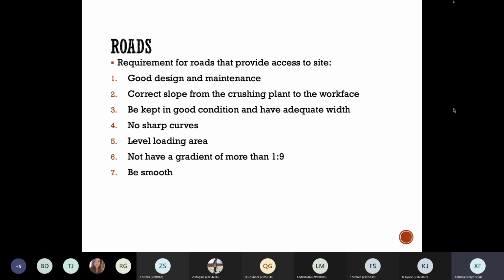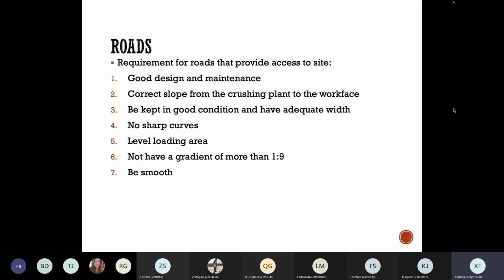And therefore, because the wheels are the ones that are in contact with the road, we need to make sure that we have a good design and maintenance. If the road was initially designed for a lower volume or loading, it means that deterioration will happen very fast, and therefore that will call for good maintenance and good design as well.